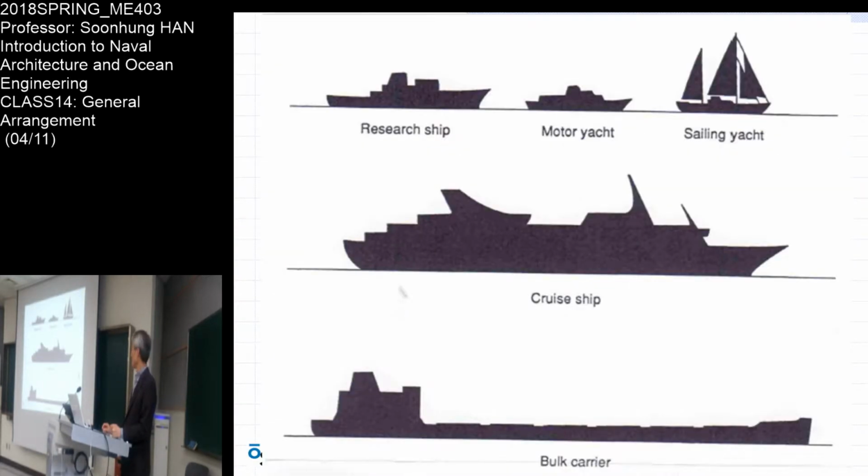By looking at the profile of the ship, an experienced designer can identify which type of ship it is, like this one. There are differences. If you use Google image search, maybe the search engine can identify the ship type too.